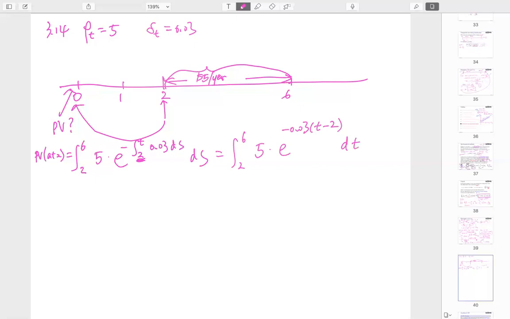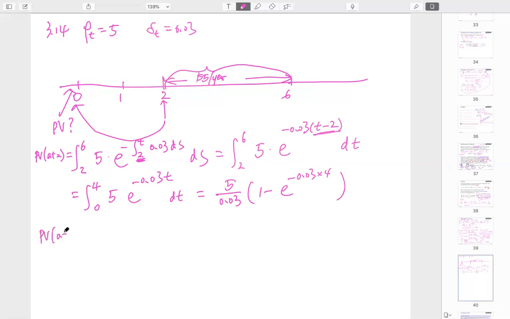If you want, you can do one more change of variable, replacing t minus 2, then it's from 0 to 4, 5 e to negative 0.03 t dt. So it's 5 divided by 0.03 times (1 minus e to negative 0.03 times 4). Okay, this is only PV at 2. Now I want PV at 0.